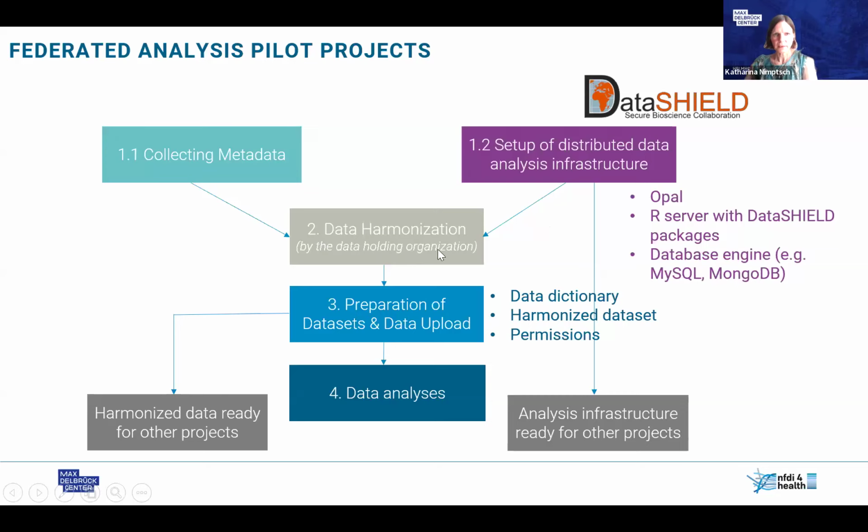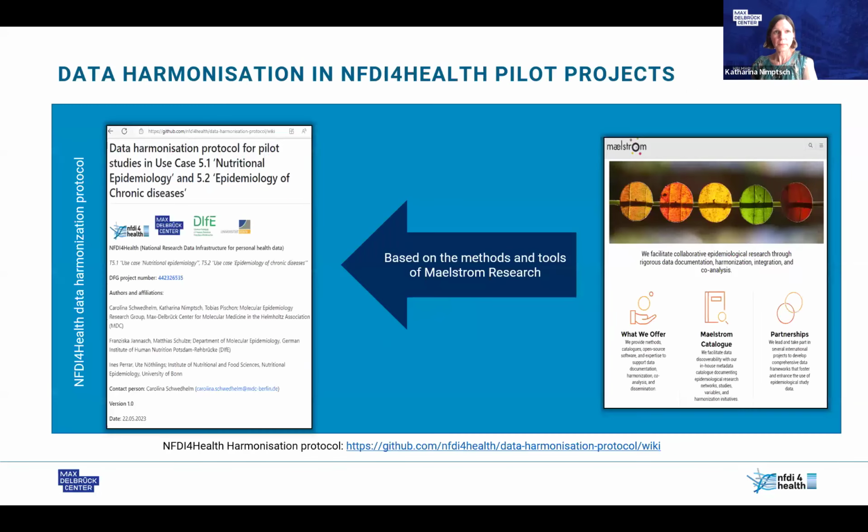Then comes the data harmonization, and then the data holding organizations participating in the pilots upload the data dictionary and the harmonized data set on Opal, and also they need to give permissions to the analysts, and then the analysis can be conducted.